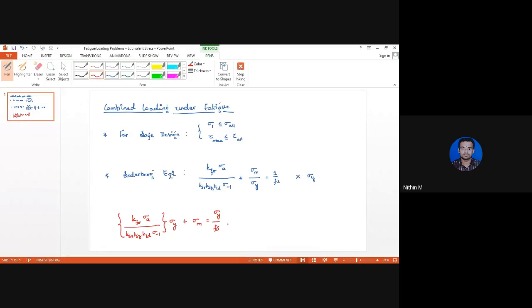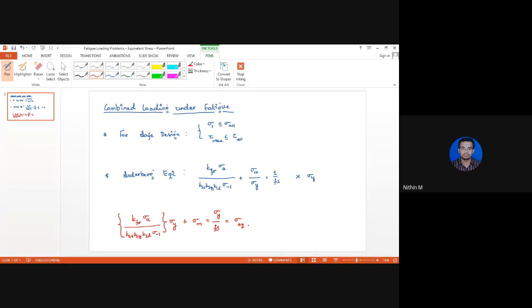The magnitude of the stress that is obtained from the first half of the equation is called as equivalent stress induced in the component. What do we call it? It is called as equivalent stress induced in the component, right? So what do we mean by it? Whenever we are encountering a combination of different type of forces, the component will be subjected to different type of stresses, right?